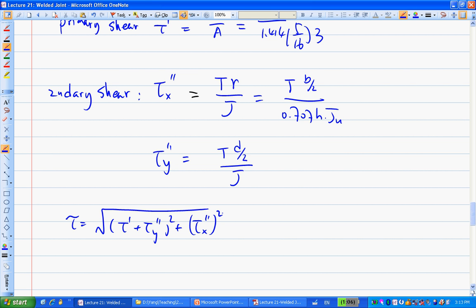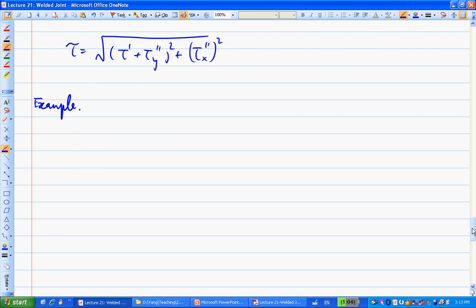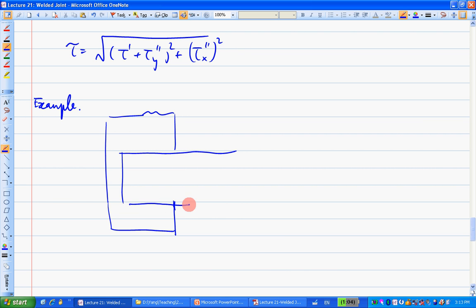Was that good? Okay, so let me show you another one here, probably more complicated. So let's say I have 2 plates. Now this time the weld group is this.